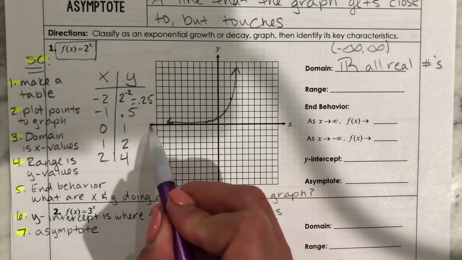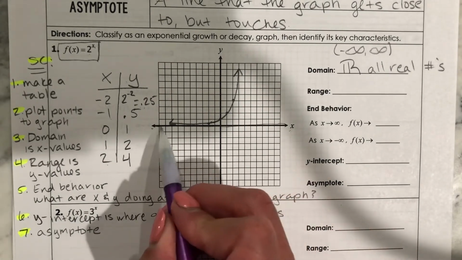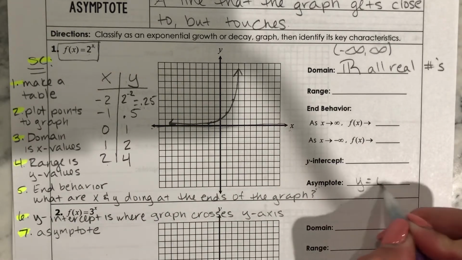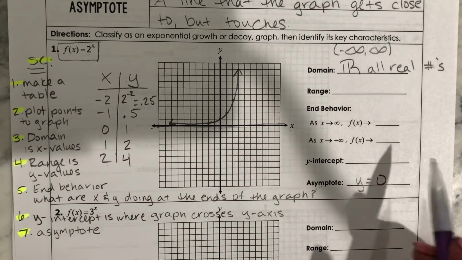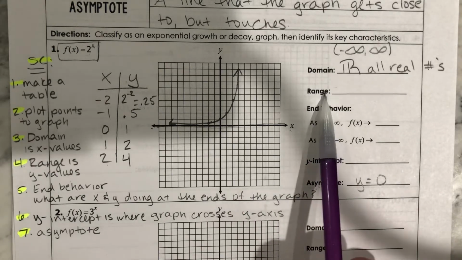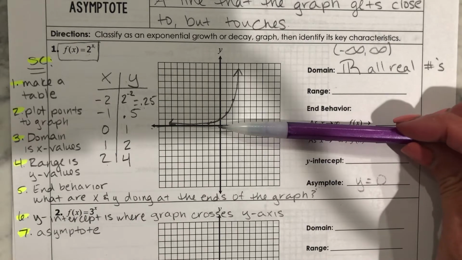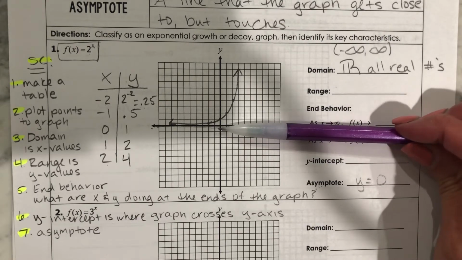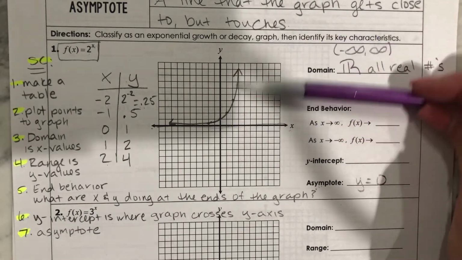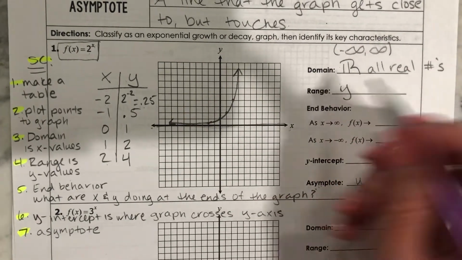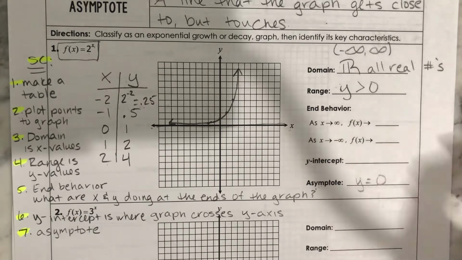The y value is 0. So our asymptote is y equals 0. And that helps me determine my range. I know that the y values are going to be greater than my asymptote because it's above the asymptote. So the range is all the y values greater than 0.